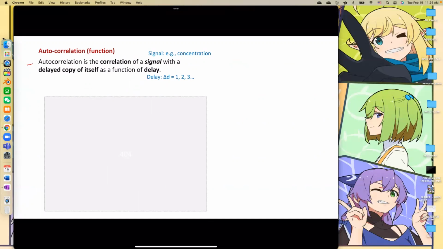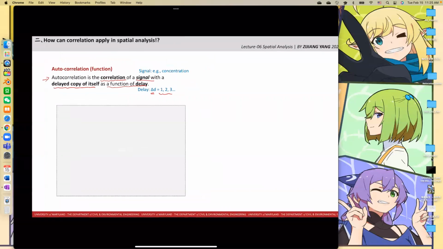The autocorrelation function is the correlation of a signal, and this signal can be the concentration data, with a delayed copy of itself as a function of delay. In our example, the delay is delta D, and it can be 1, 2, 3, and so on. So this is the definition of the autocorrelation function.